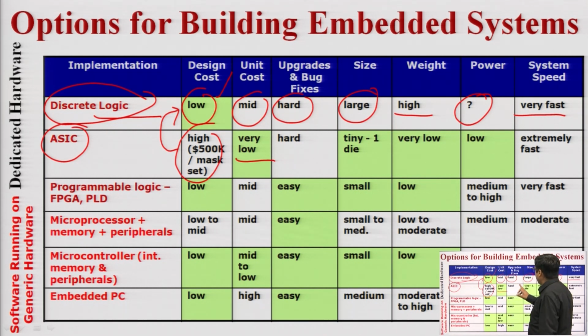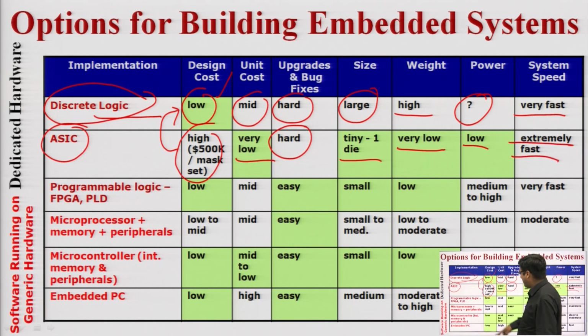It is hard to upgrade it, because once it is manufactured by any company or industry, it is hard to upgrade any particular device. It has a teeny die size, it is very low in size, and weight is very low because we are using fewer components, as per our application need. Power is low, and it is extremely fast.